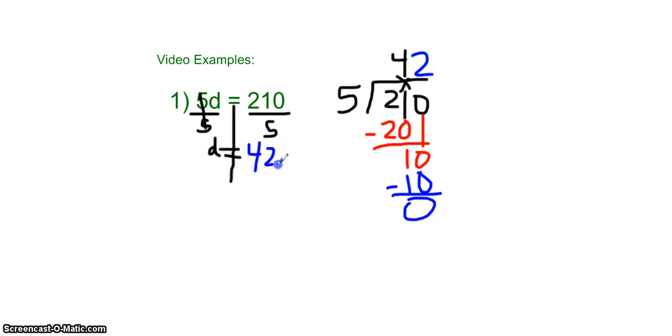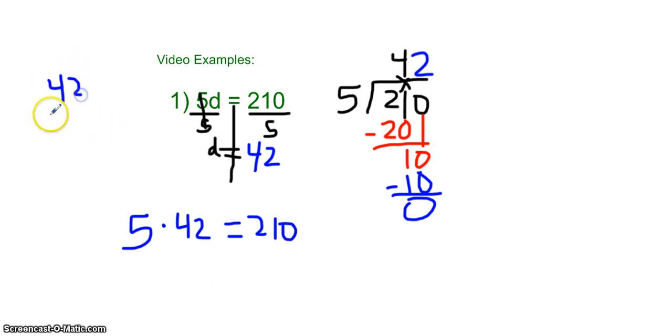And as we've discussed with adding and subtracting, we need to check our answer. So let's substitute in 42 for d. So 5 times 42 equals 210. And we need to check our solution. 42 times 5. 5 times 2 is 10.